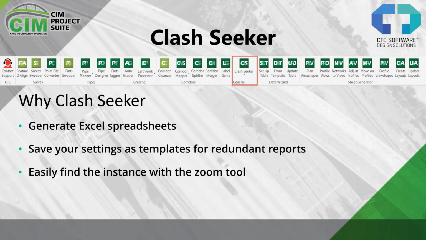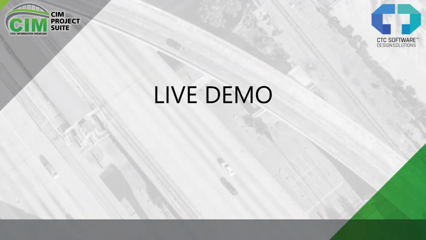Then we can save the clashes we use often and just load those and move on. When we do find clashes, we can zoom to them to see what they might be and help us in the resolution of those problems. So with that, let's jump into the drawing and see what this thing is about.